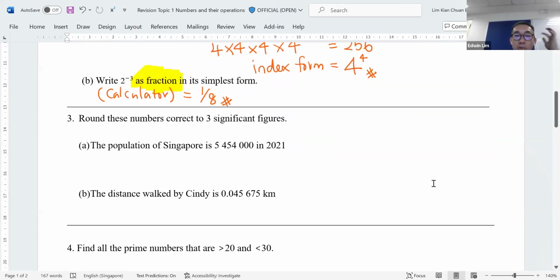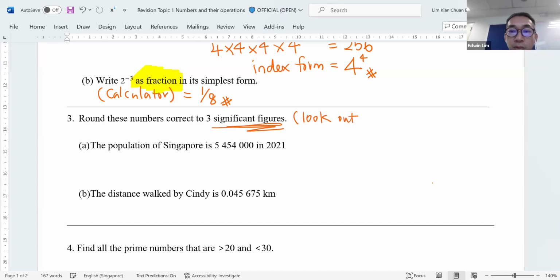Next one, question number 3. Round this number correct to 3 significant figures. How do we know that the number is significant? All right, we'll say look out for the first non-zero number.